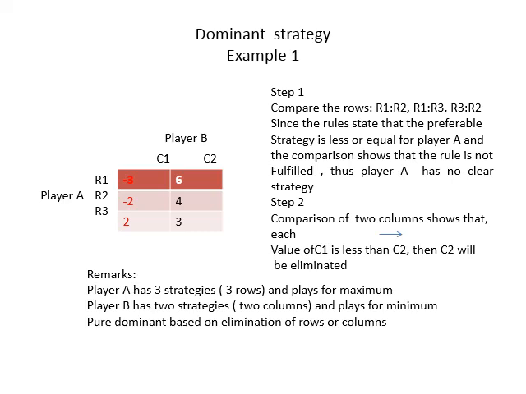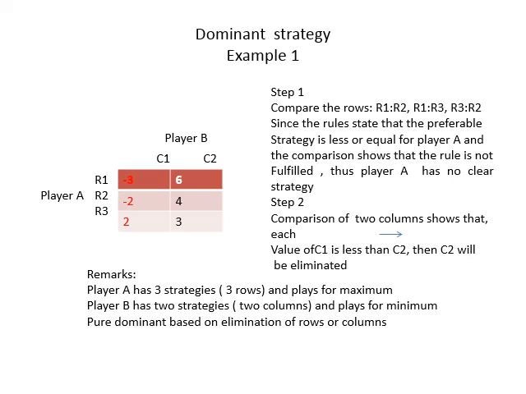So when we compare R1 and R2, R1 and R3, R2 and R3, we found that the condition of the dominance rule is not satisfied. That means player A has no clear strategy. Now let's move to the comparison of two columns.